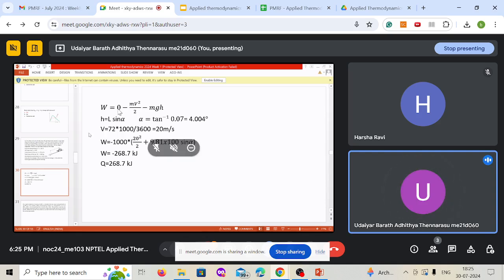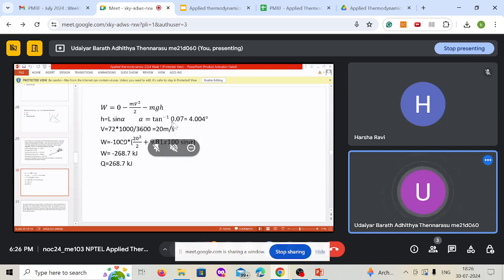Finally you have velocity 0 and you are assuming that after 100 meter you are at the bottom of the hill. So you have come to rest. So the final energy is 0 and initially you possessed some kinetic energy and potential energy. So minus mv square by 2 minus mgh. So h is nothing but the vertical height, which you need to find out. You know the slant height 100 meter to which you have come, and you also know the angle.